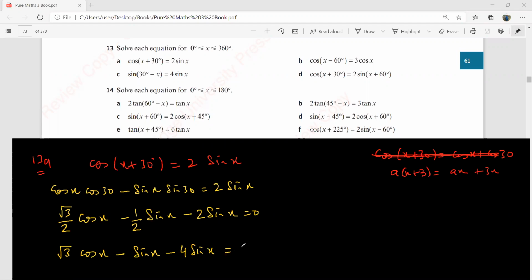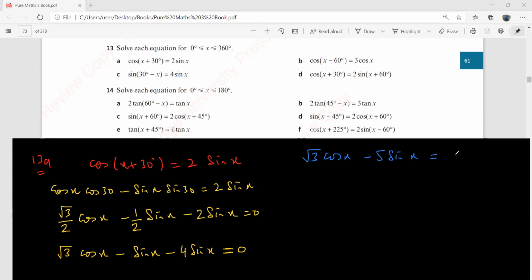Please see how I'm simplifying these trigonometric expressions algebraically. So now this is root 3 cos x minus 5 sin x equal to 0.